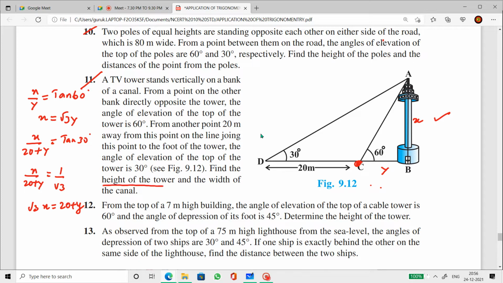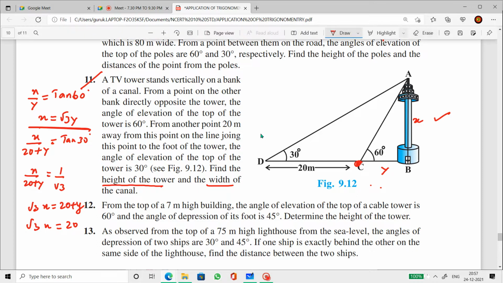Yes. We need the height, which is x, and the width, which is y. So no matter which we find first, we need to find both. So I'm going to replace x with root 3y. So then it will be a bit easier for me.